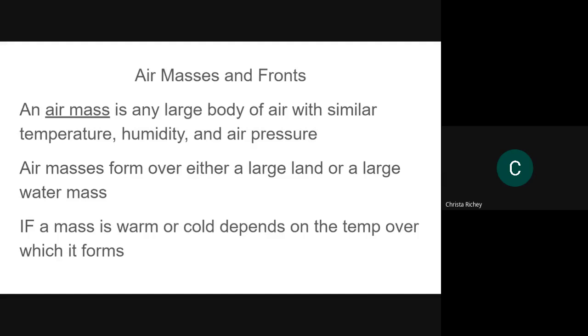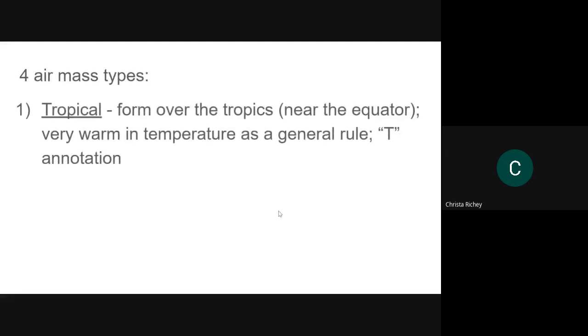That shows you the shorthand that they use for the type of air mass. Anybody still need this one? No. So your 4 types. Everything on this slide is a capital letter. Everything on the next slide is a lowercase letter. If it forms towards the equator, which is south of us, those are considered tropics.